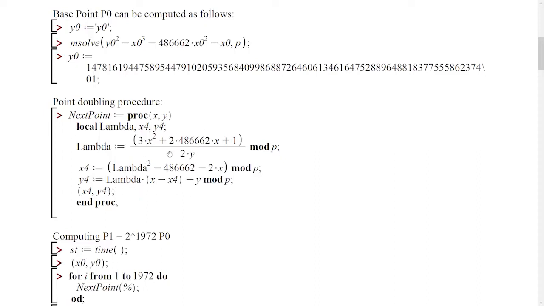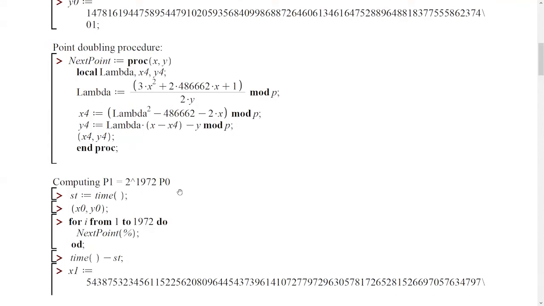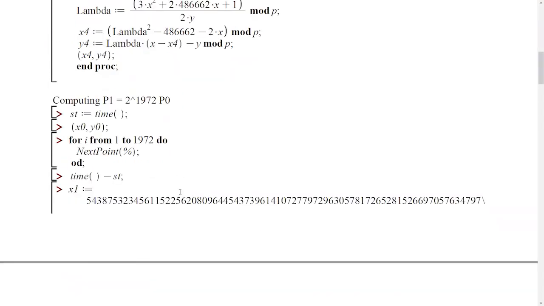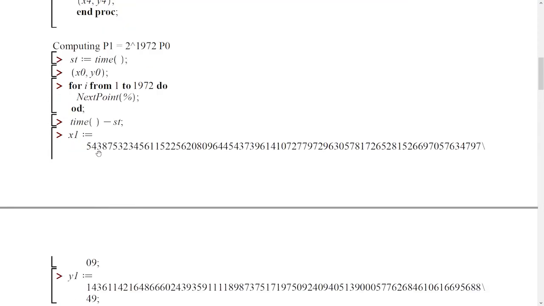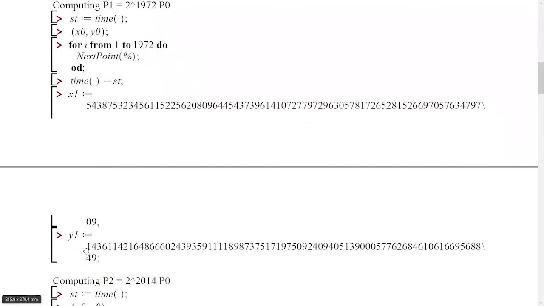If you remember the computation of P plus P, we have these relationships between x4 and y4. So now we are able to compute P1. P1 is 2 to the power 1972 P0. So here we will have to iterate, and we are able to compute x1, this value, and y1, this value.